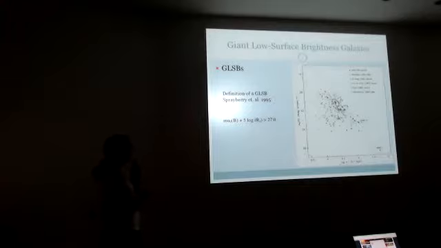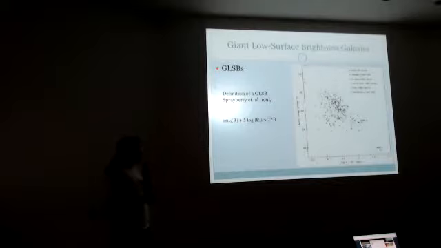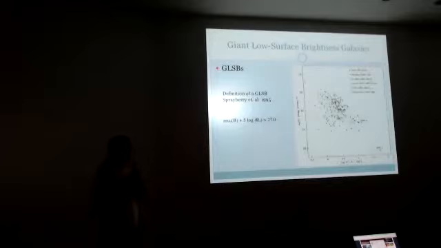The definition of a giant low surface brightness galaxy is based on the surface brightness versus scale length plot satisfying a certain value, which means their disks have to be low surface brightness in the center and the scale lengths have to be large. So these are galaxies with very large extended disks and low surface brightness.